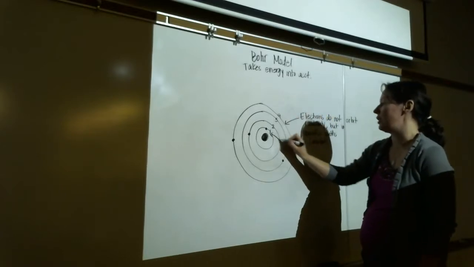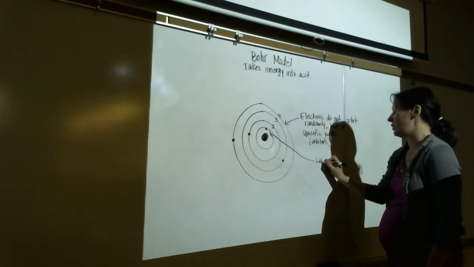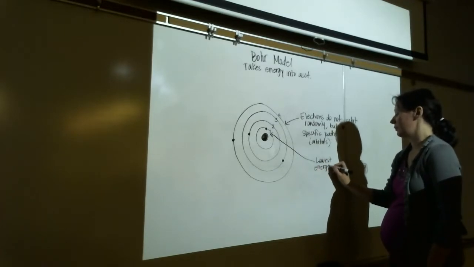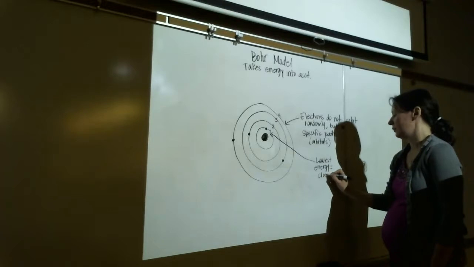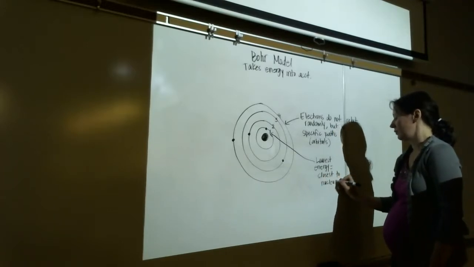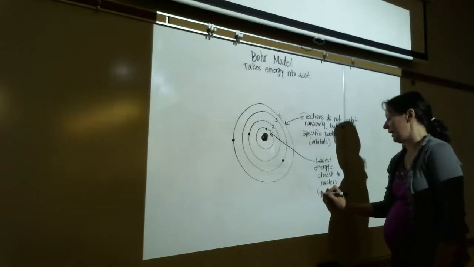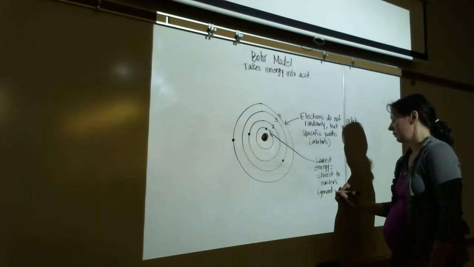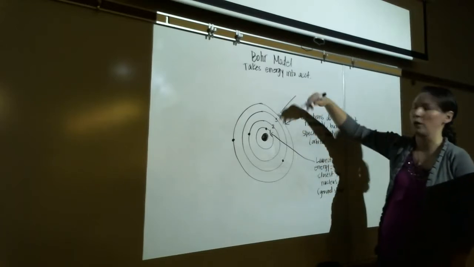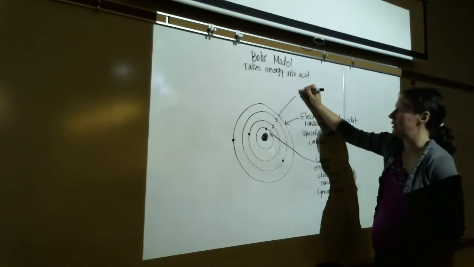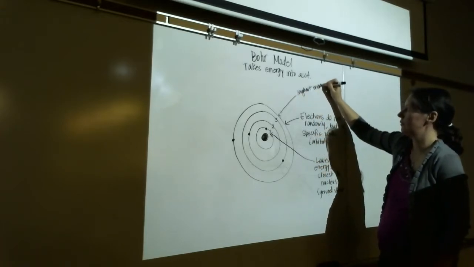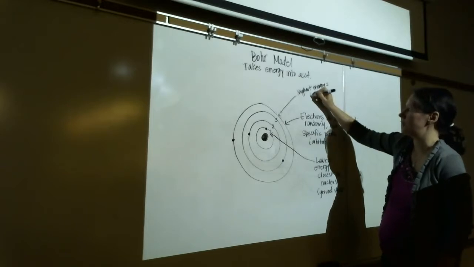The lowest energy is the one closest to the nucleus, which he called ground state. And the highest energy, we can keep going out now, is when you're furthest away.